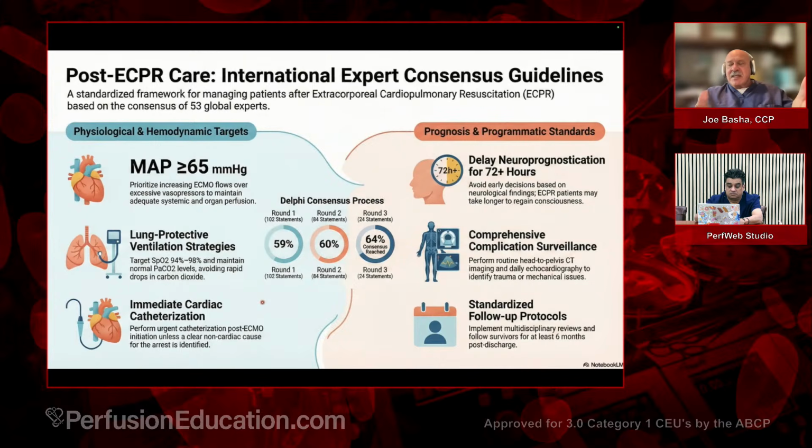Give a patient who has had CPR and crashed on ECMO at least a few days to recover their consciousness. They've been given a lot of medications, a lot of things can be masked, and you really can't say with any sense of certainty whether or not this patient has had a stroke, unless their pupils are blown and there are some obvious signs.